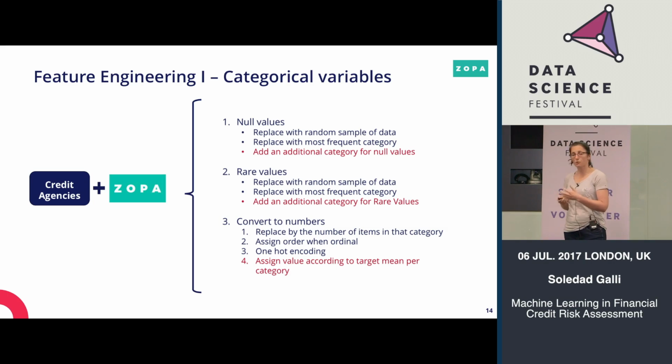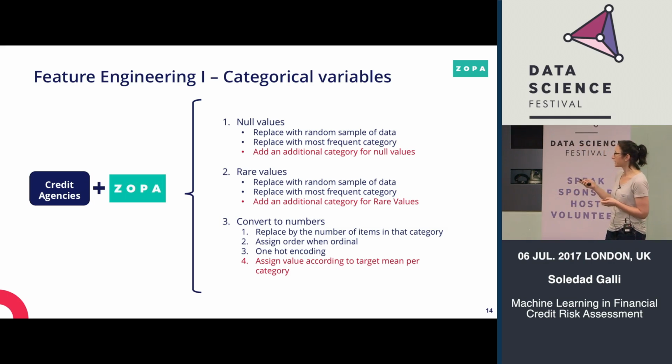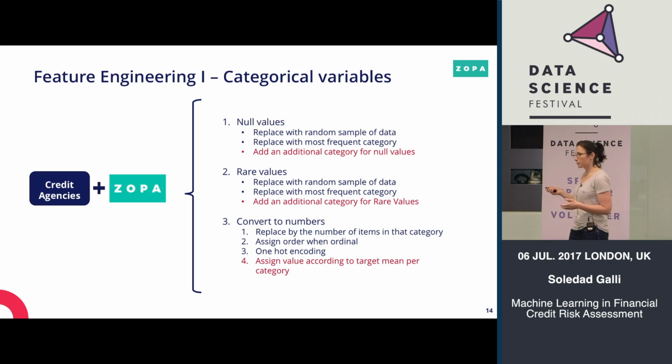So in order to avoid overfitting, we want to replace rare values by something else. Again, the typical procedure involves replacing by a random sample from the same variable. It also involves replacing by the most frequent category. So every time a customer comes from Brockenhurst, we would now think that it comes from London. At Zopa, we don't like to do that.